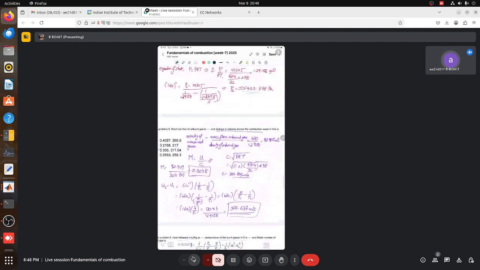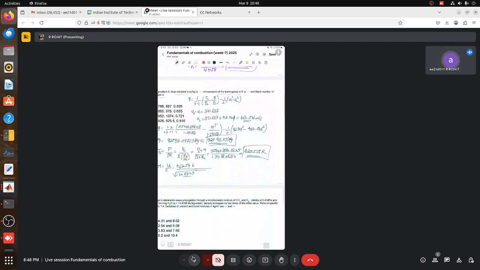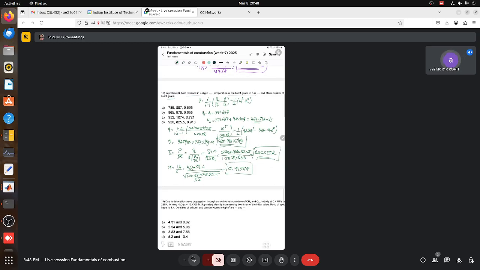Burnt and unburnt is given as 32, so we can write 32 here, into the temperature that you got, which is 825.515. So if you substitute here, you will get value as 0.91568. So this is your Mach number of the burnt gas. So you got 925 kilojoule per kilogram, that is your first, and 825.515, that is this, and 0.916, this is this. So your correct option will be option D.